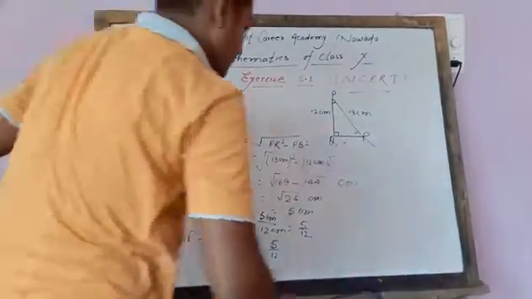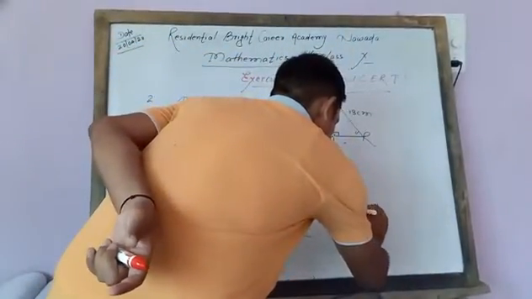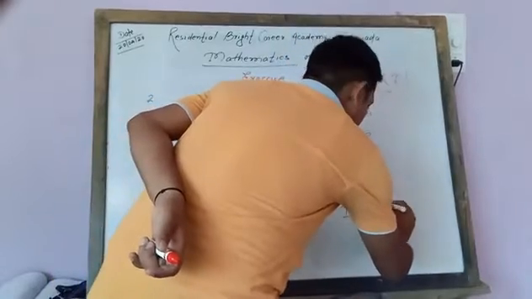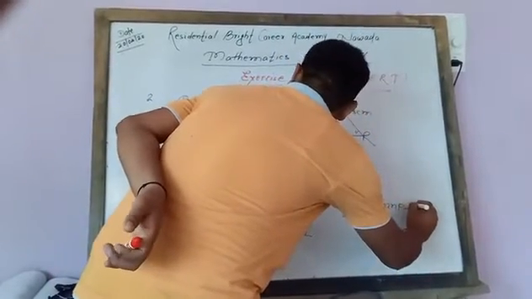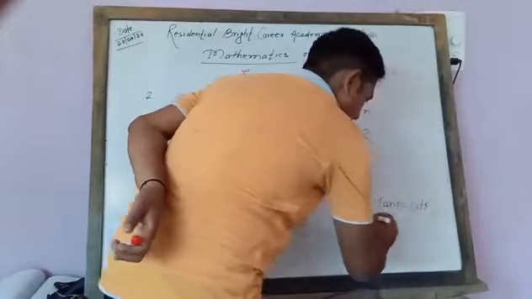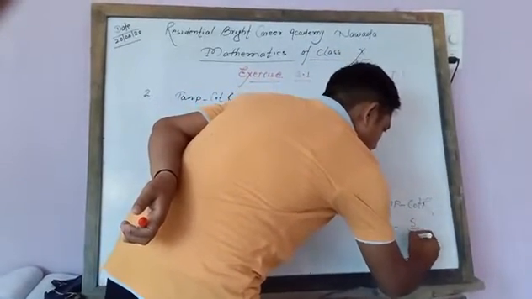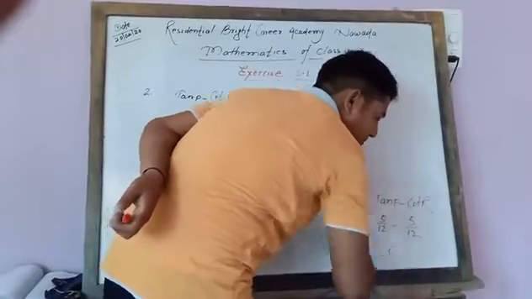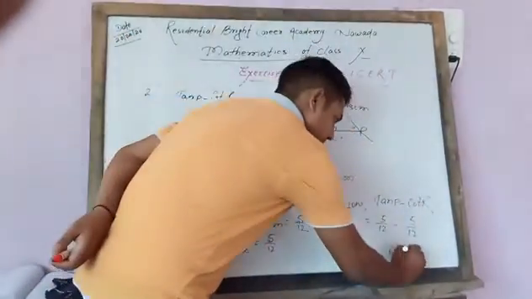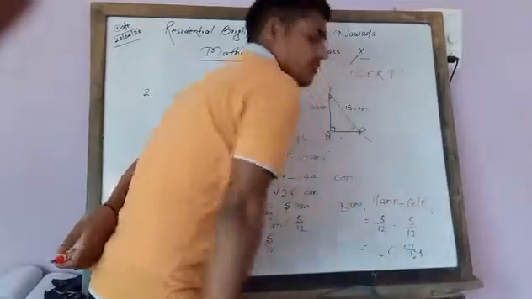Now tan P minus cot R is equal to 5 by 12 minus 5 by 12. It means it will become 0. That's all.